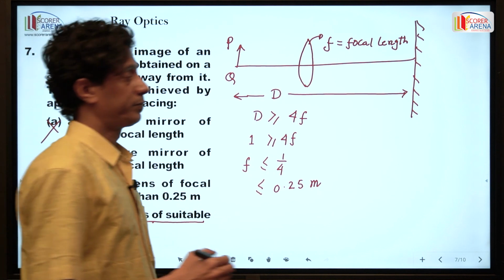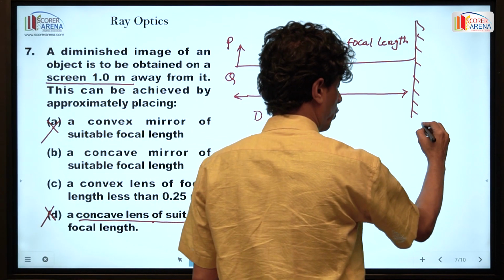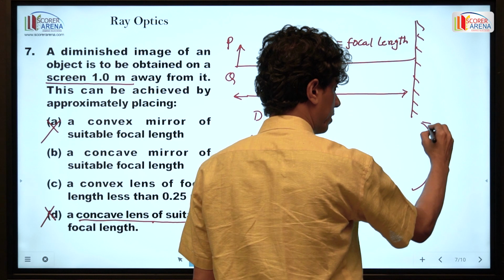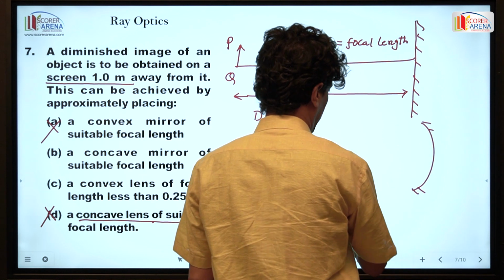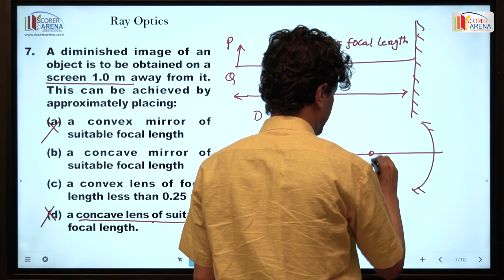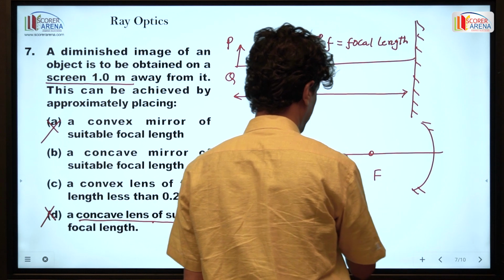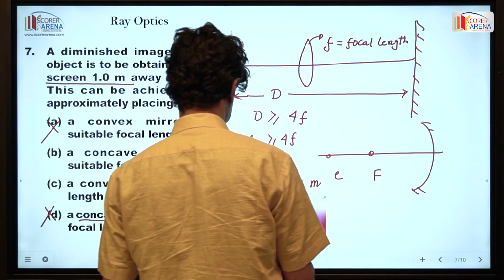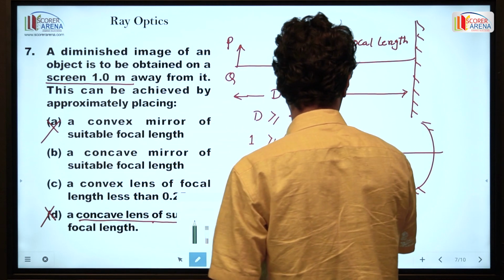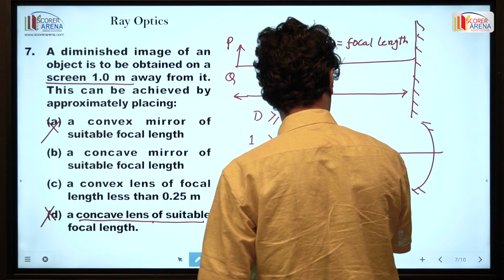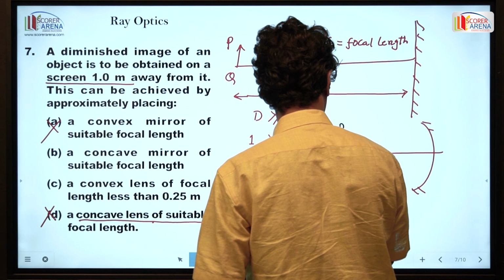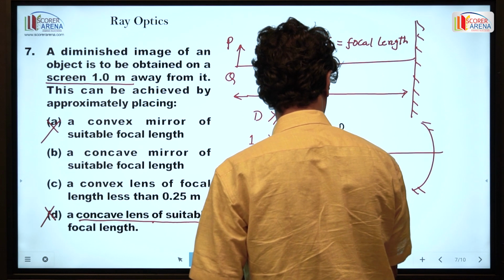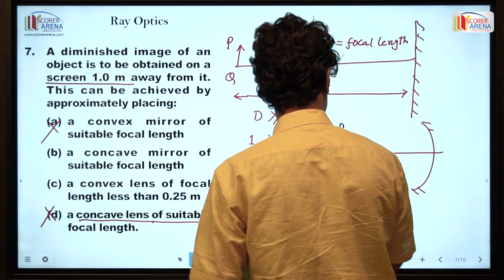2f. You know, this is concave mirror, and if it is focus and if it is the center of curvature, in this case we know that object and image formed at the same point.